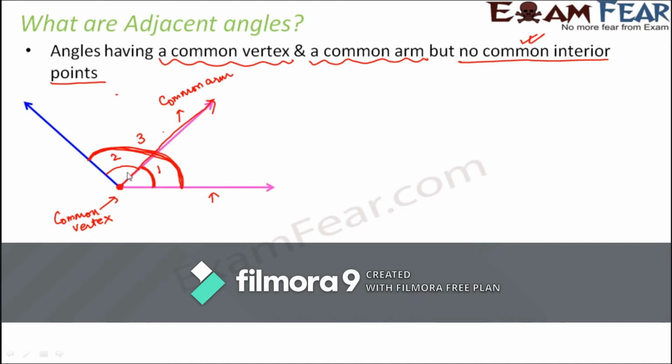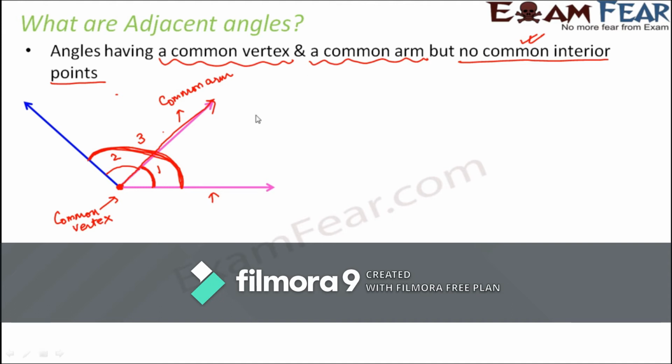Also, looking at this, you can see that angle 1 is like a part of angle 3. So we can't say that they are sitting next to each other. Angle 3 is occupying a huge space, and out of that, a small space is given for angle 1. So angle 1 is basically sitting in the territory of angle 3.